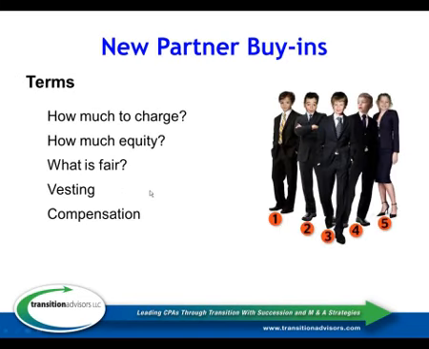How do we deal with new partner buy-ins? How much to charge? How much equity? Typically what I'm seeing is, I think there's a level at which you go from, this is our minimal charge to sort of join the club. We're talking about a $25,000, $50,000 investment up front, maybe tied strictly to the amount of accrual basis book value that new partner is acquiring from the firm.